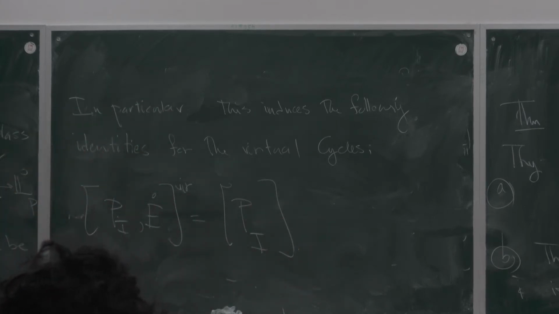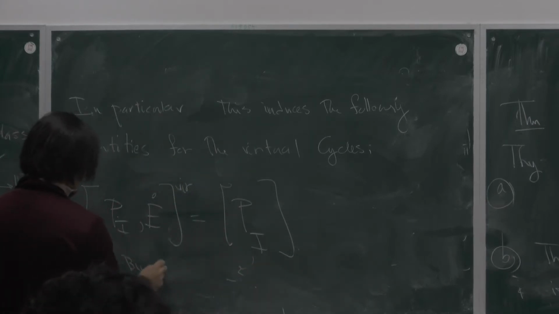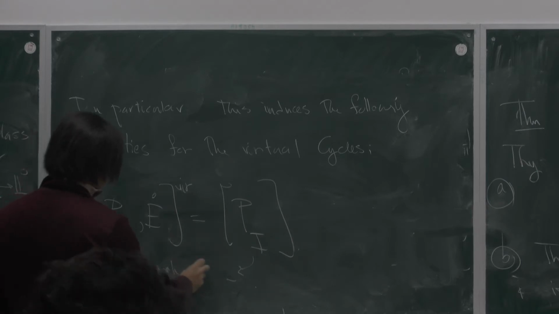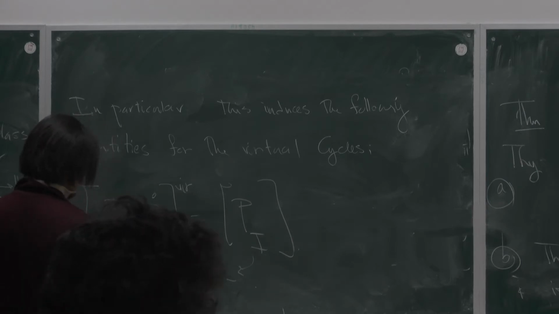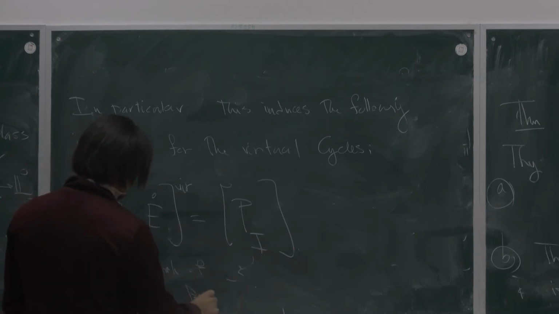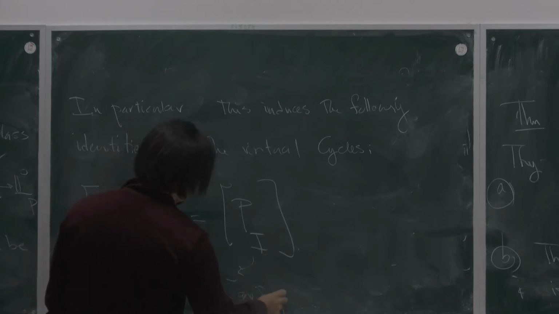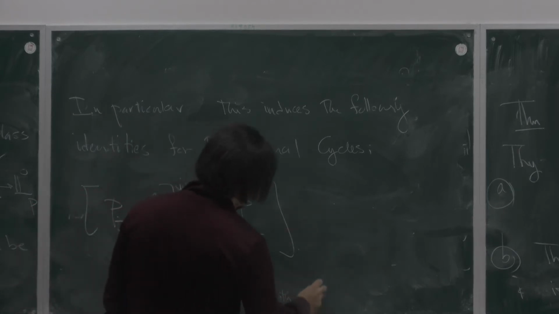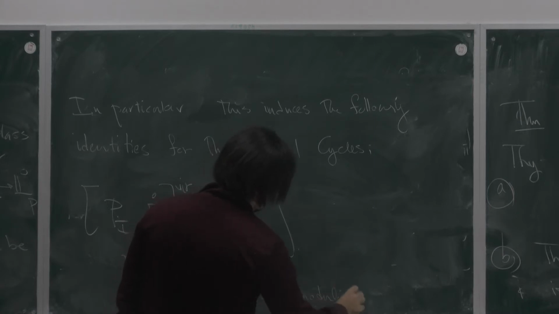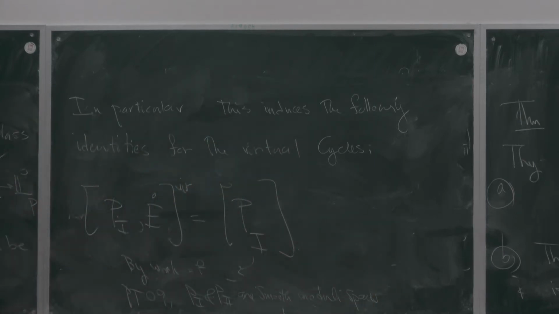These are smooth spaces, by the way, so I will make a comment. By work of PT in 09, P1 and P2 are smooth moduli spaces. So fiber-wise, these are smooth.